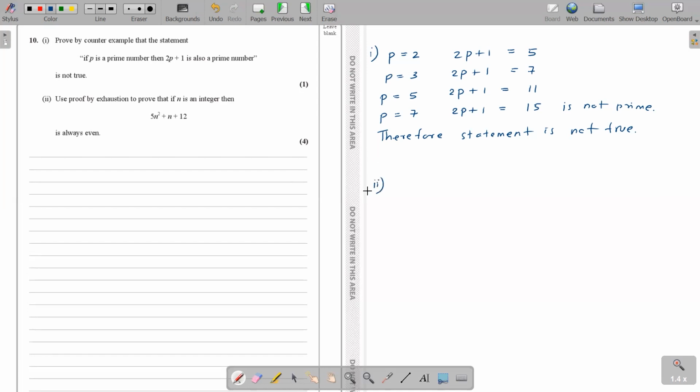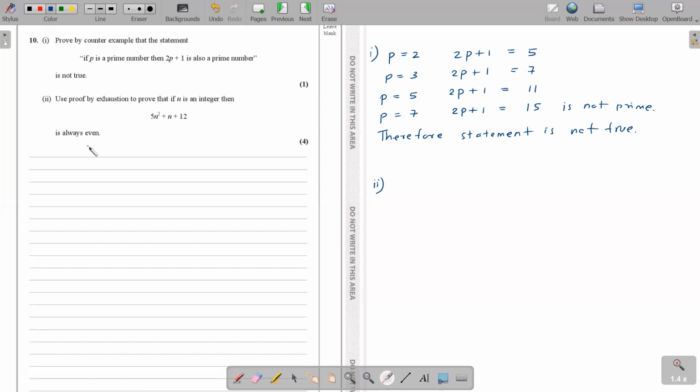Use proof by exhaustion to prove that if n is an integer, then 5n squared plus n plus 12 is always even. Okay, what are they asking you to prove? They ask you to prove if n is an integer. So integer means all the whole numbers, right? Then if n is an integer, you need to show that 5n squared plus n plus 12 is always even.